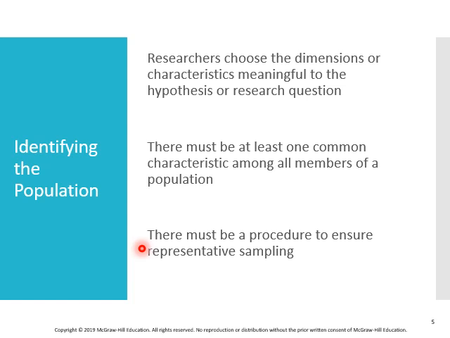Especially for probability samples, it is very important that we ensure representativeness of the sample. Again, what does it mean to be representative? It means that the individuals in that sample bear similar characteristics in similar proportions, more or less, to the general population where they come from, meaning the population of interest.